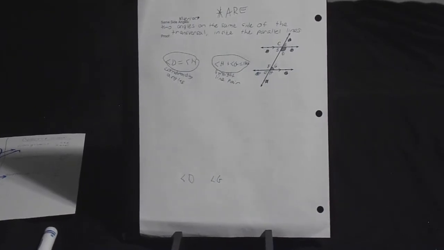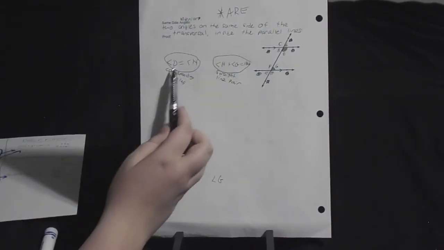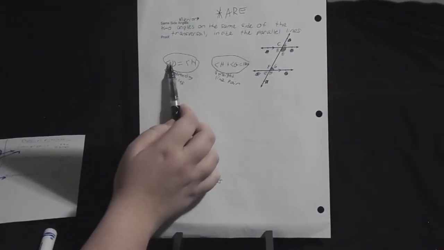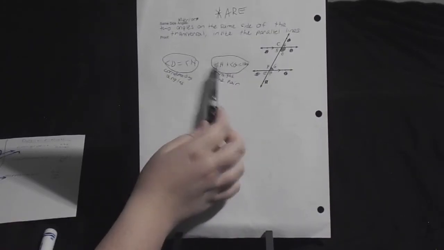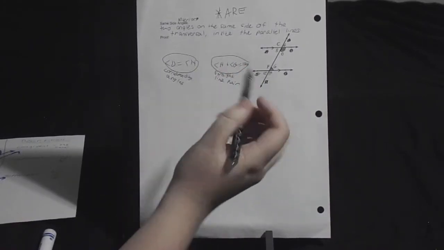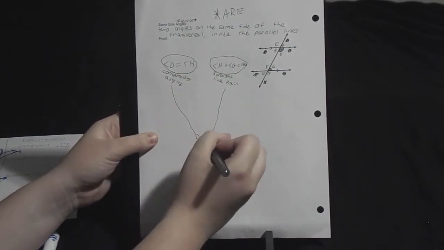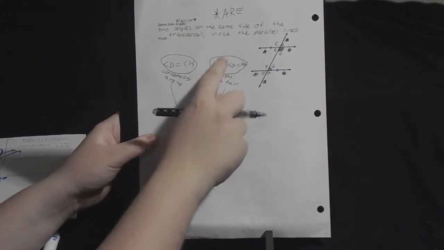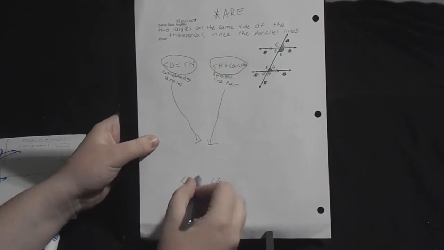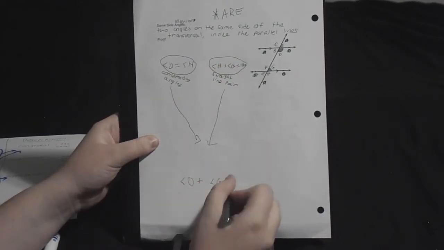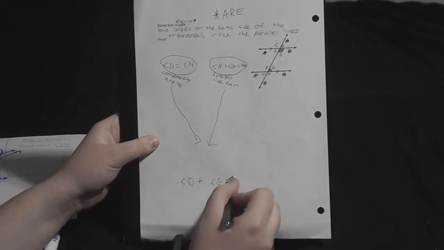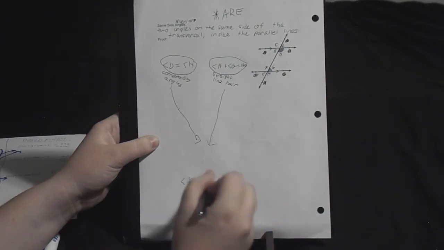Okay? Well, if D is congruent to H, I can substitute that fact in here and put a D there instead of the H. So then, going down to what I'm trying to prove, if I put a D there, how it's connected to the G is by adding. So it's saying D plus G is 180.